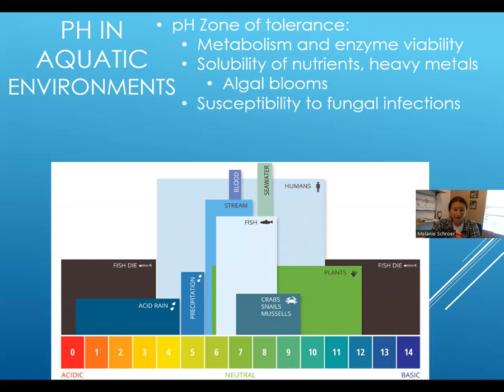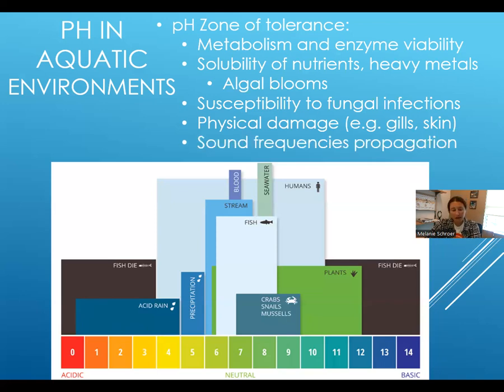Susceptibility to fungal infections, actually. Generally in pHs that are too high or too low, animals can become stressed and therefore can become more susceptible to infection. Of course, physical damage, right? Really acidic or even really basic environments can actually irritate skin and therefore stress out the organism.